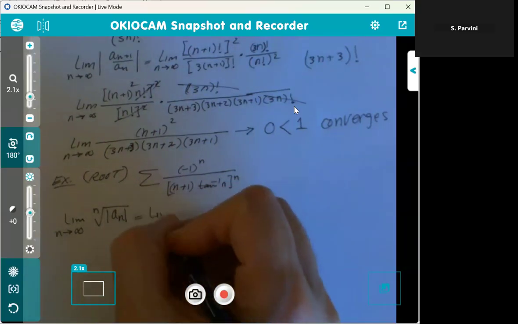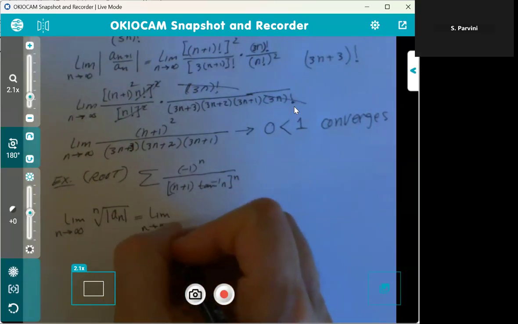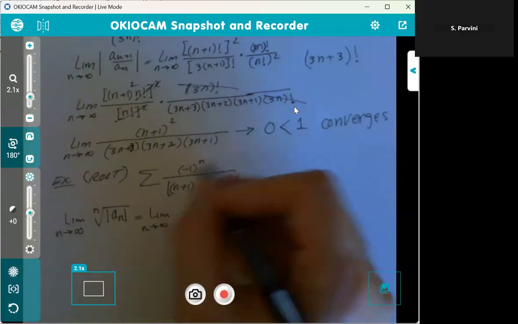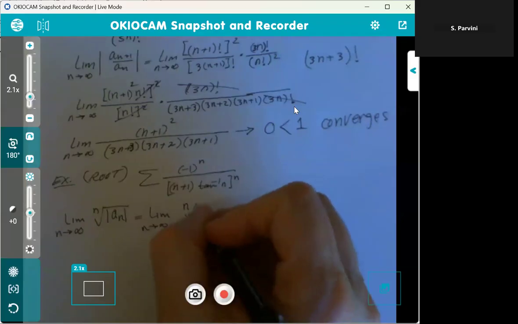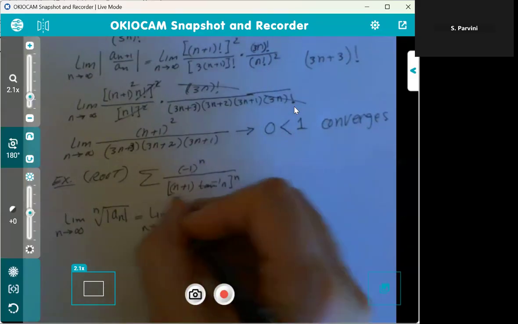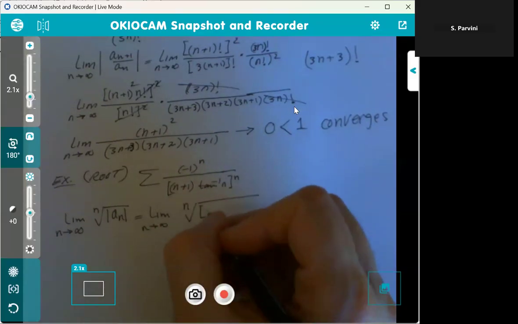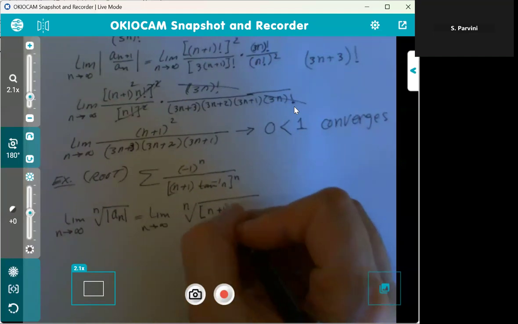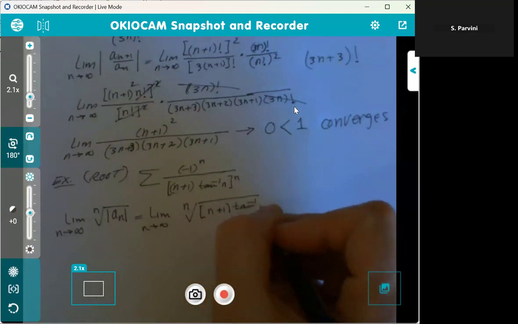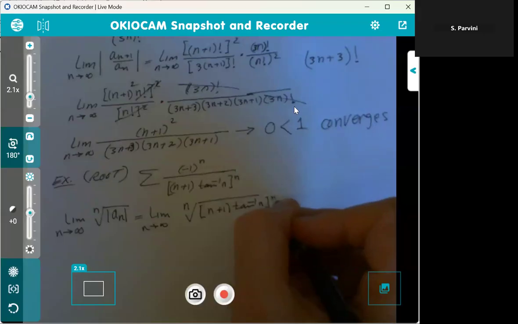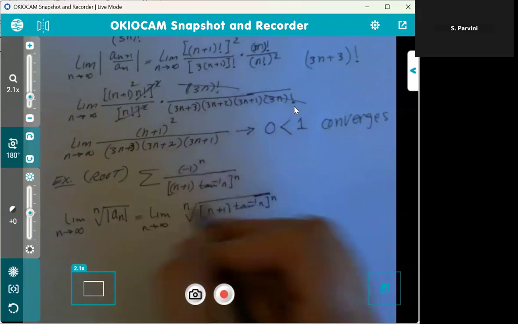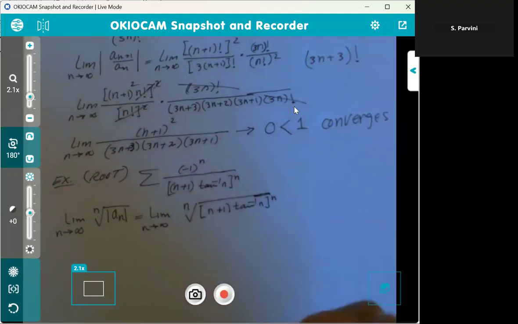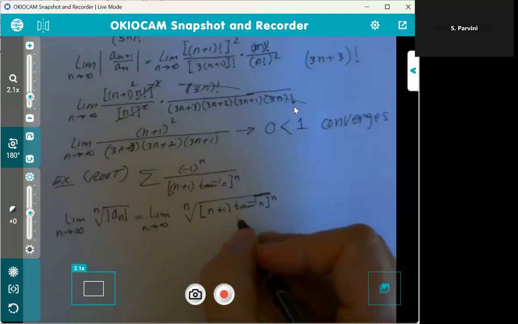This is going to be the limit as n goes to infinity of the nth root of this expression, ((n+1) arctan n) to the nth power. And you can see now the n's cross out here, right? The nth root and the nth power cross out.